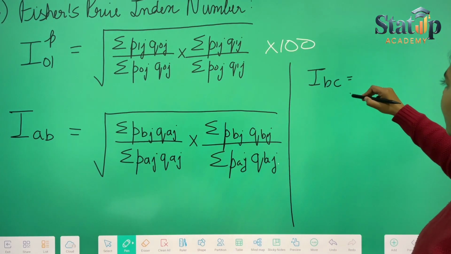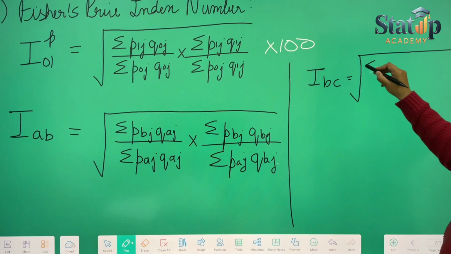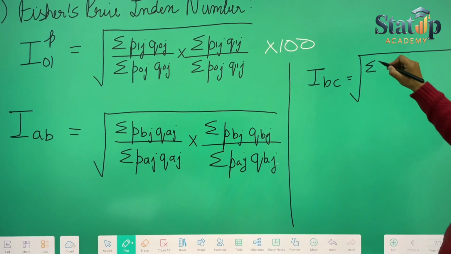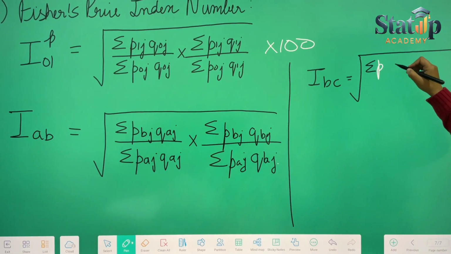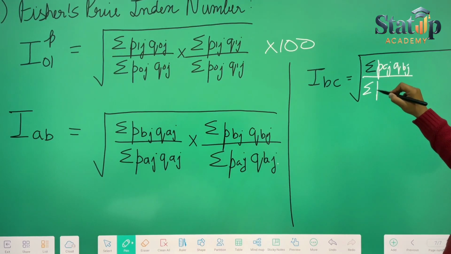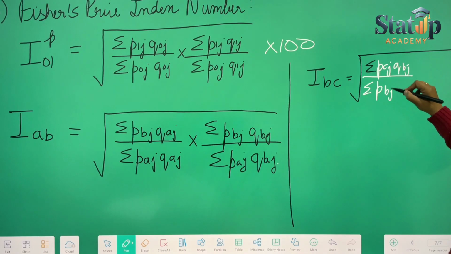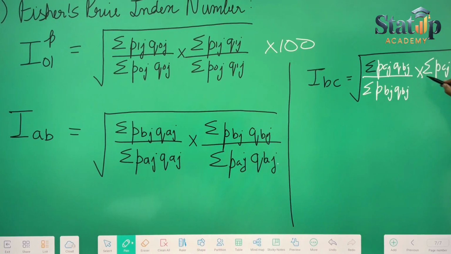Similarly, if we write IBC, we can write it as summation of PCJ QBJ upon summation of PBJ QBJ, into summation of PCJ QCJ upon summation of PBJ QCJ.